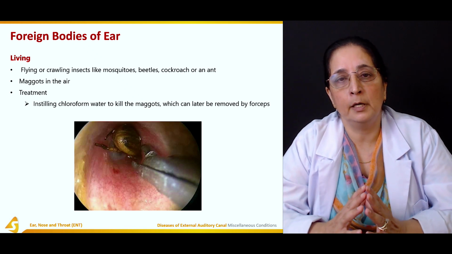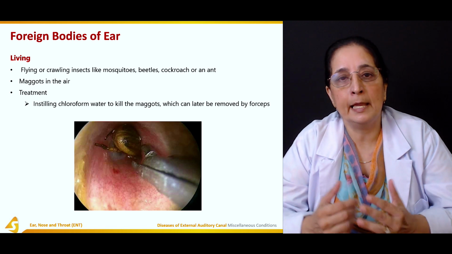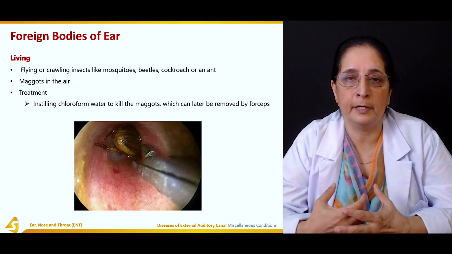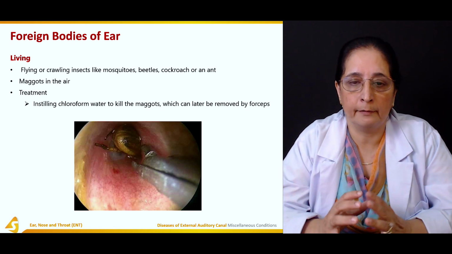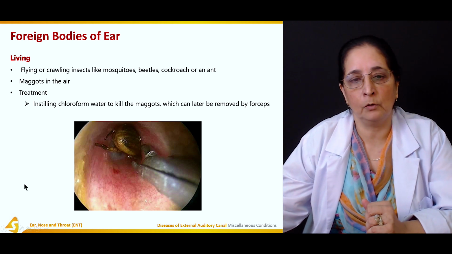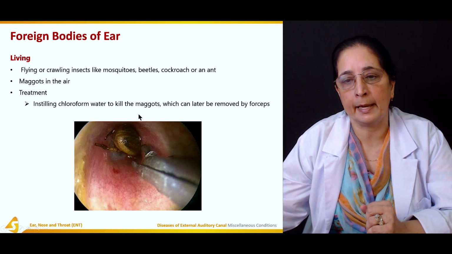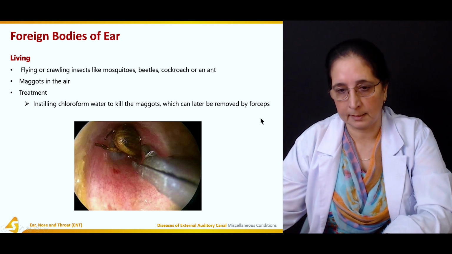A living foreign body should be first killed and then removed, because if it is not killed, it can move further away and cause damage. So we instill chloroform water to kill the maggots, which can later be removed by forceps.